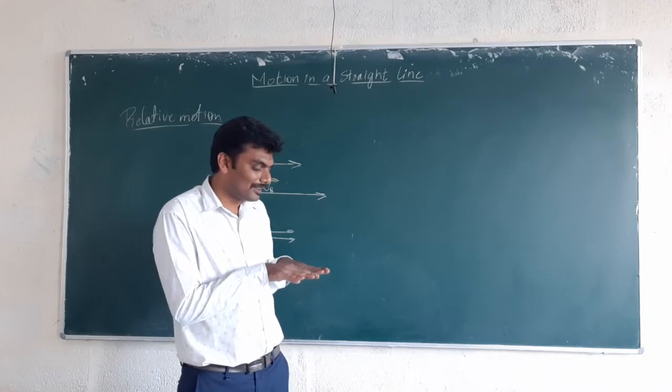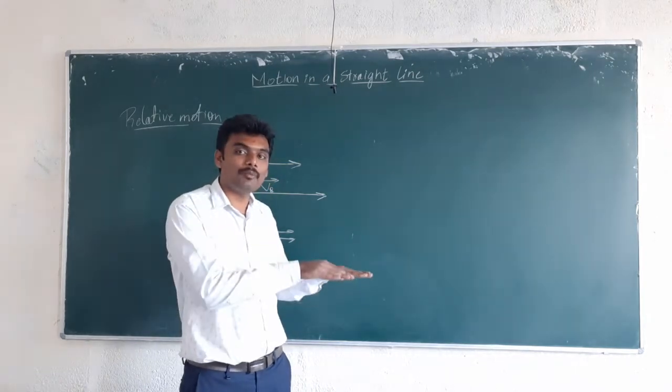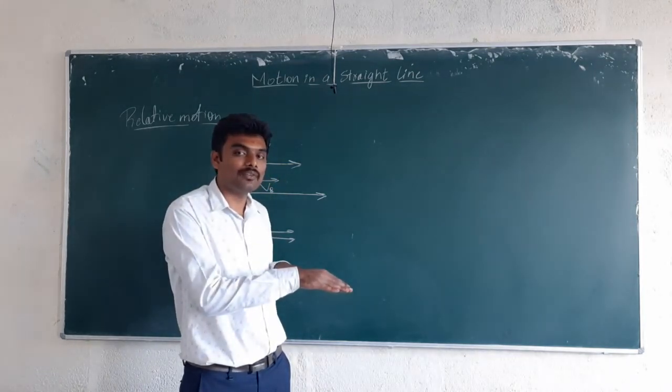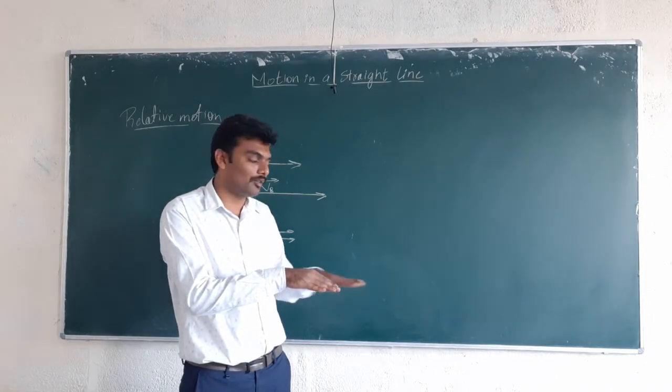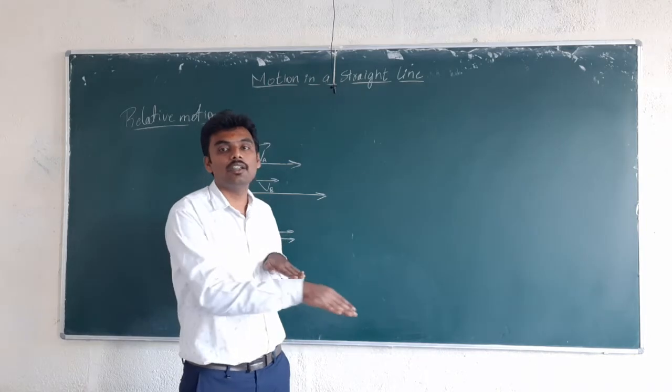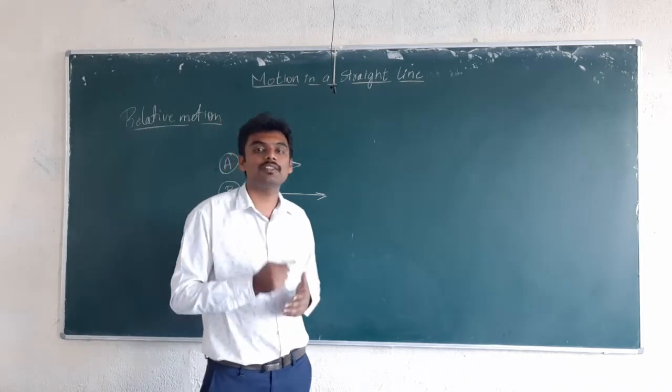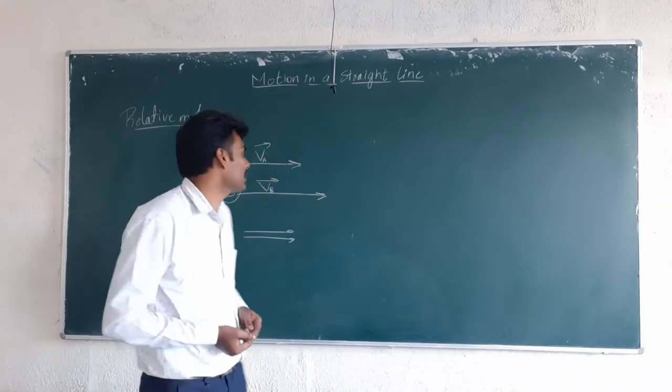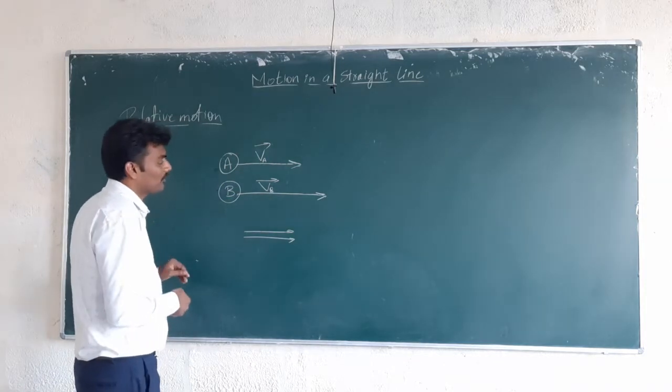Both the trains can move in the same direction, or one of the trains can move in one direction and the other train can move in the opposite direction, right?